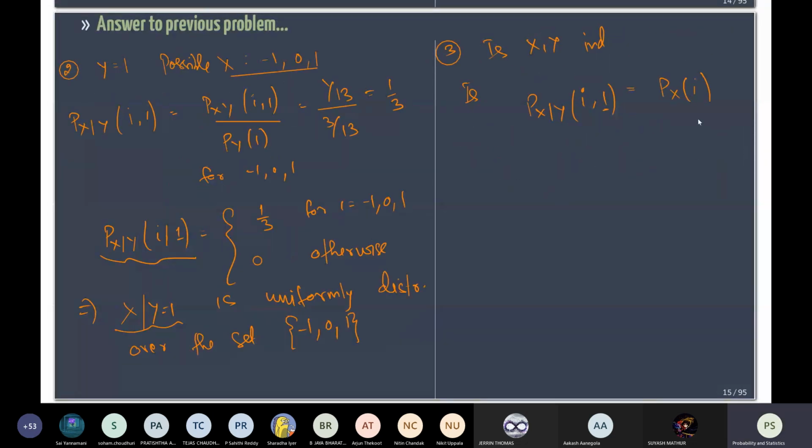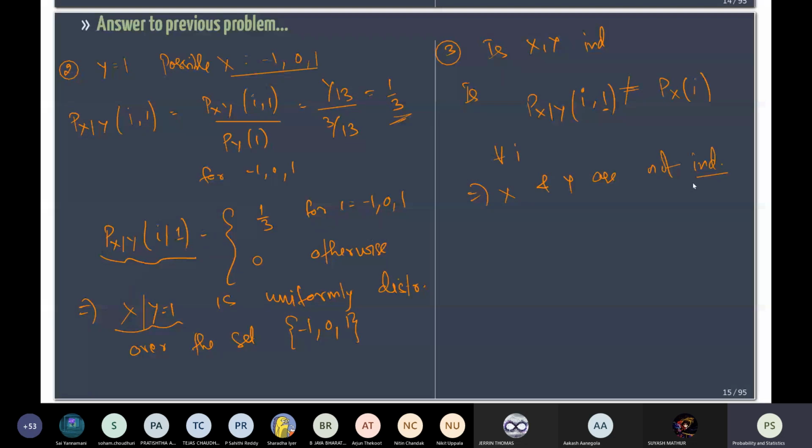So the probability of this will be like 1 over 5, but what we have computed is 1 over 3. So this is not equal for all i. This implies that x and y are not independent. So this is one way in which we can disprove independence.